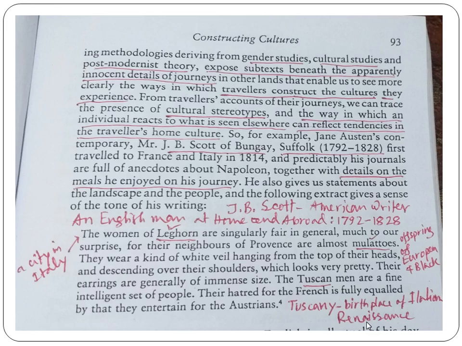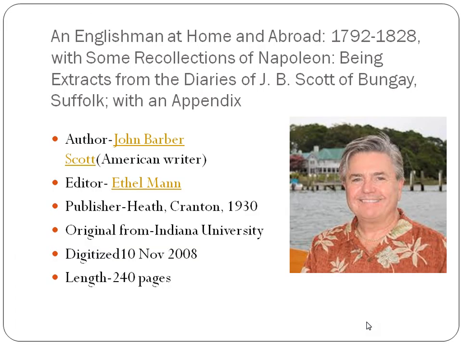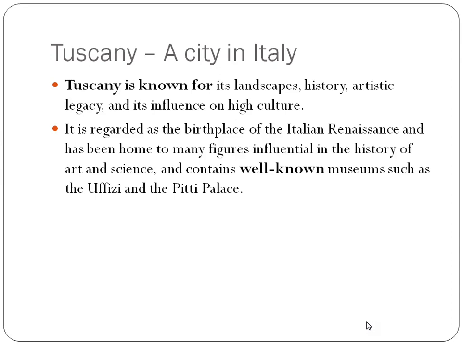And here we see another writer, J. B. Scott, Burglary, Suffolk, with an appendix. He has written a book, An Englishman at Home and Abroad, 1792 to 1822, with some recollections of the Napoleons.